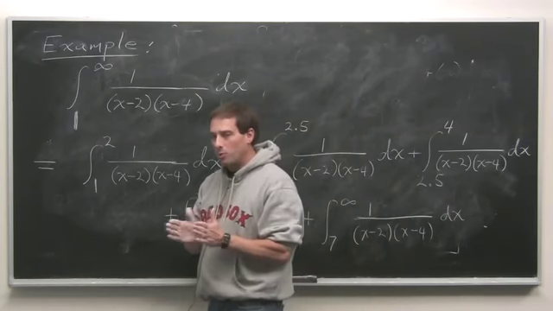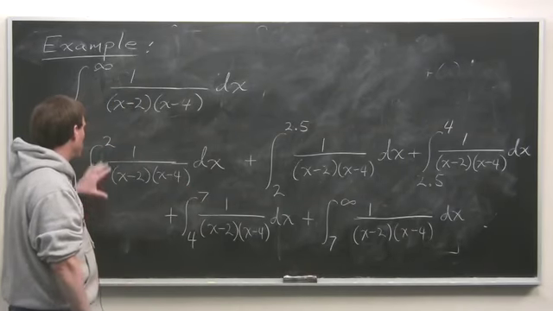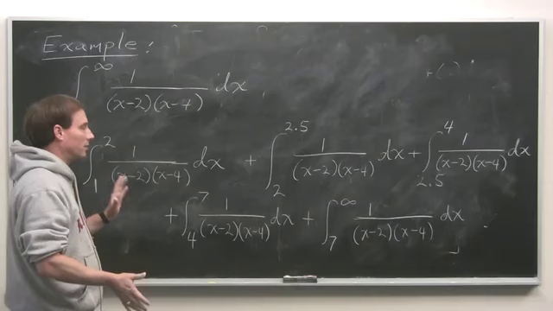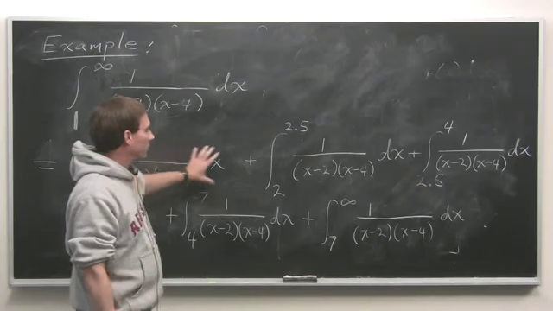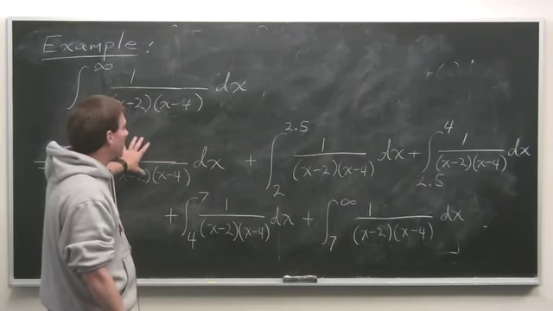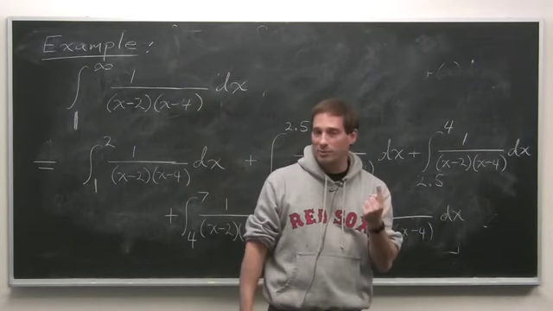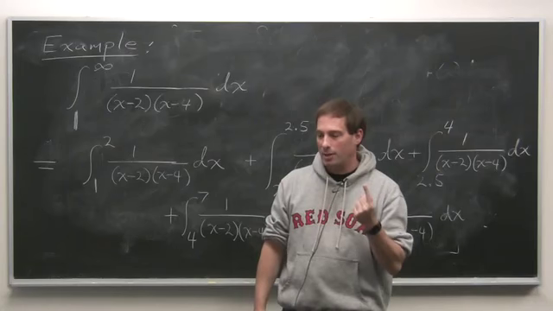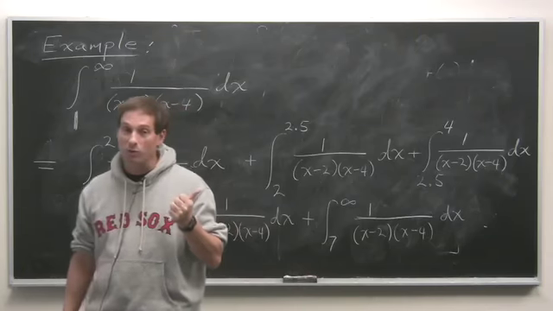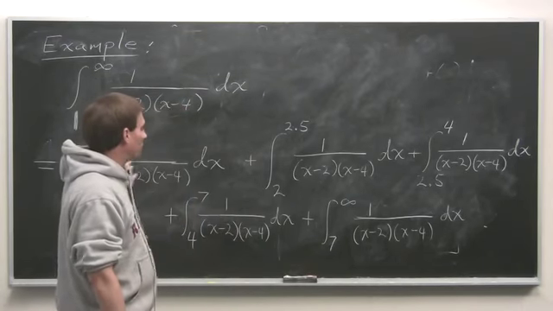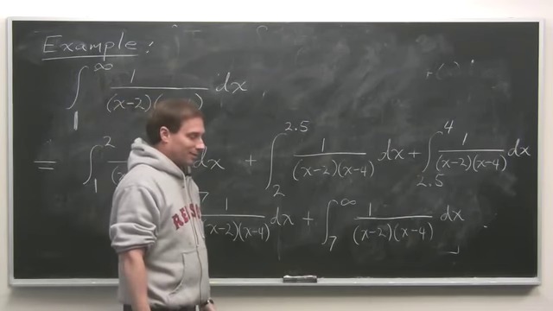Then you have to split up the domain into subintervals where you only have a problem at one endpoint of the subinterval, and then you have to calculate all of these improper integrals, so each one of these will require a separate limit. But if you find one of them that doesn't exist, you can stop. That means the original integral does not exist, so the integral diverges. But if all of them exist, then we say this one exists and it equals this sum.